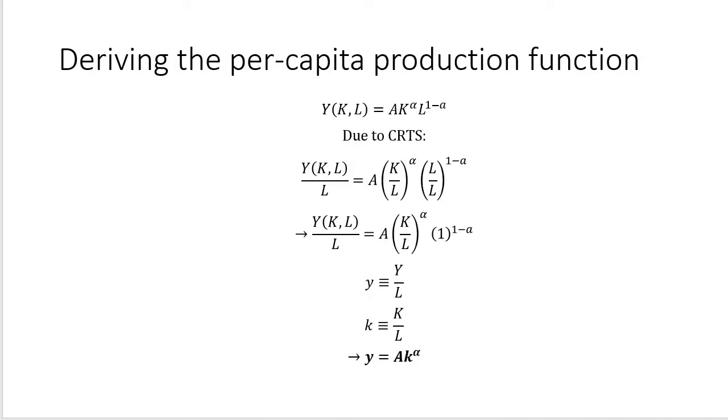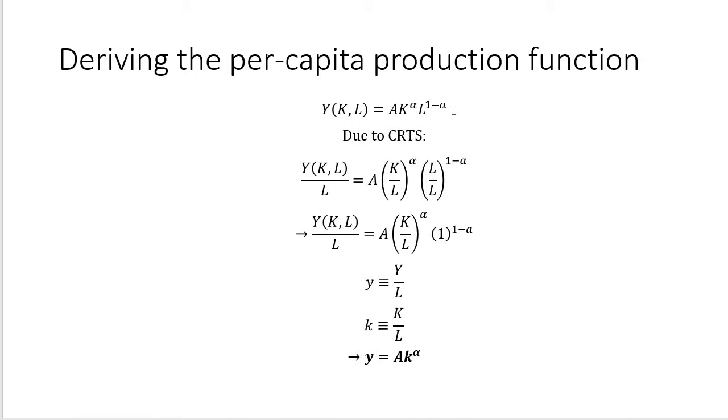So the first step in the formal mathematical analysis is deriving the per capita production function. So please take a look. As I mentioned before, we will analyze Cobb-Douglas production function, and it's easy to notice that this particular function exhibits constant returns to scale because upper coefficients of capital and labor sum up to 1.